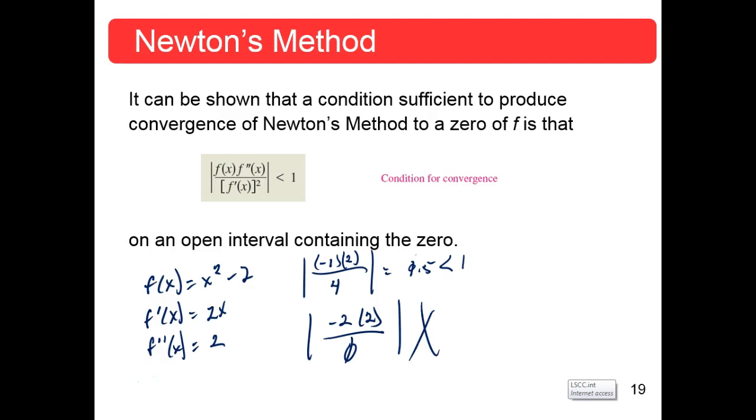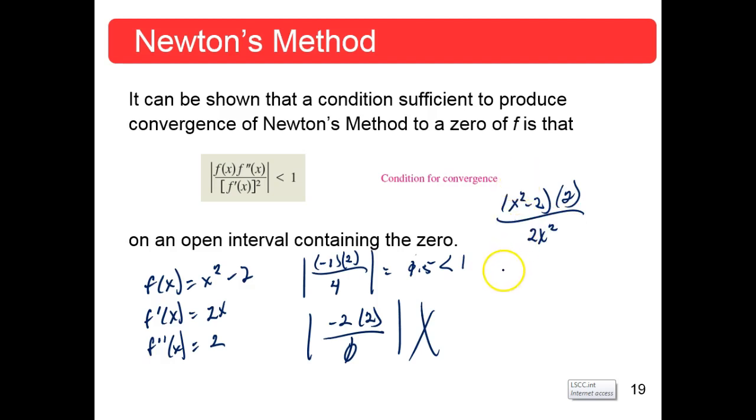Now, they used one in the book. They went on and did some other things with this. They used the actual numbers here. They did f of x, which is x squared minus 2, times 2, that is your second derivative, and divide by 2x squared.